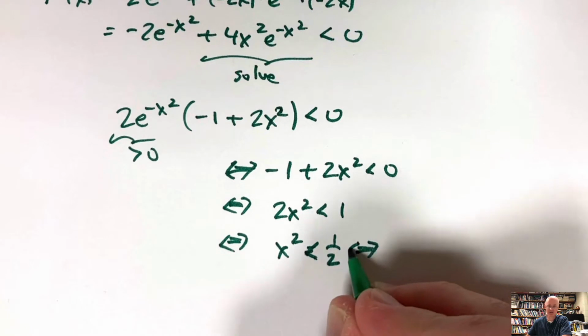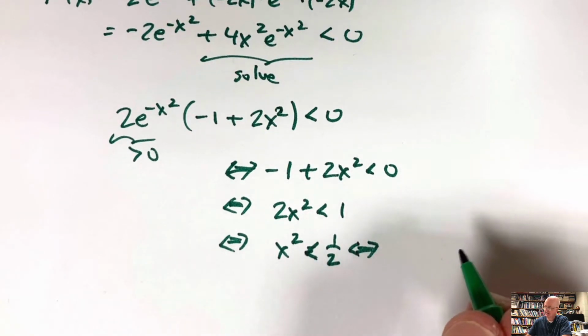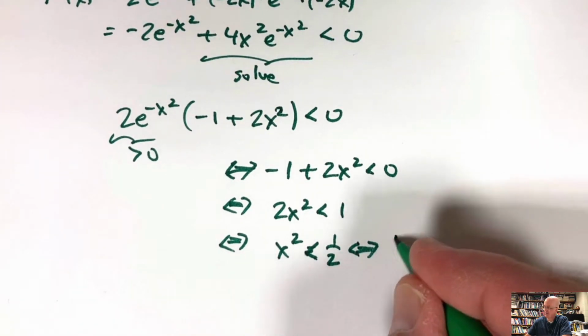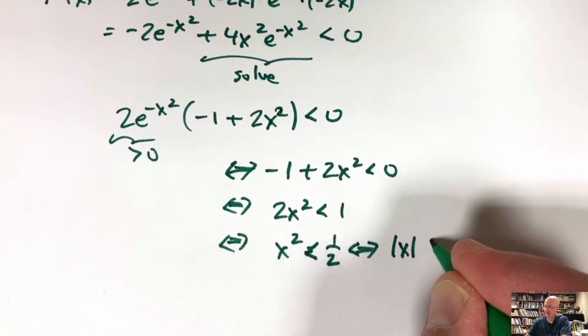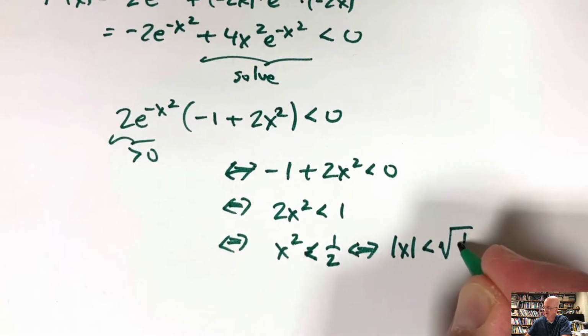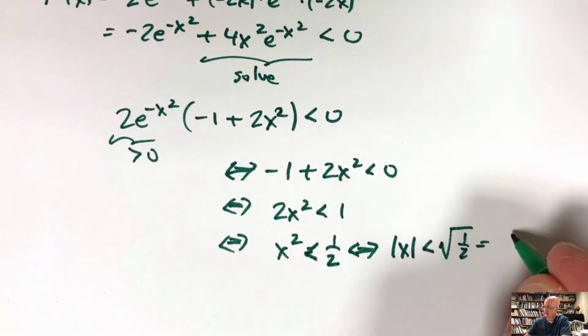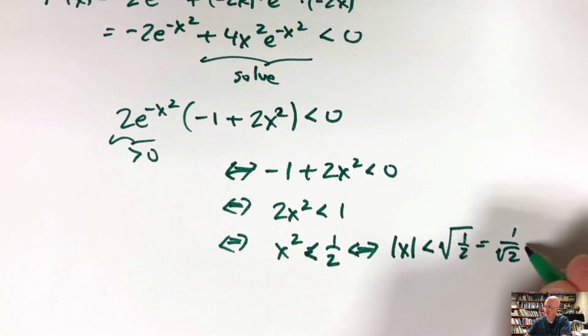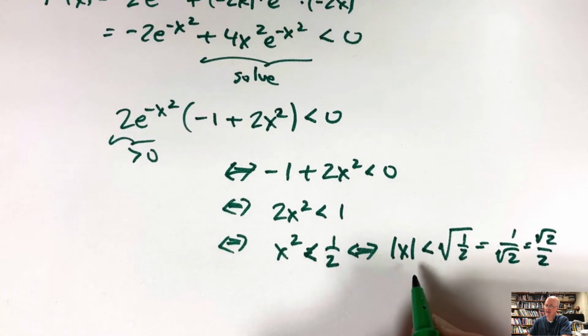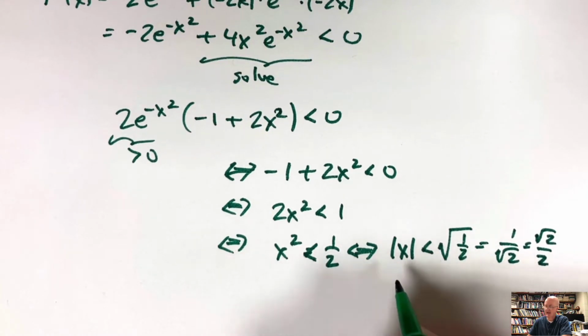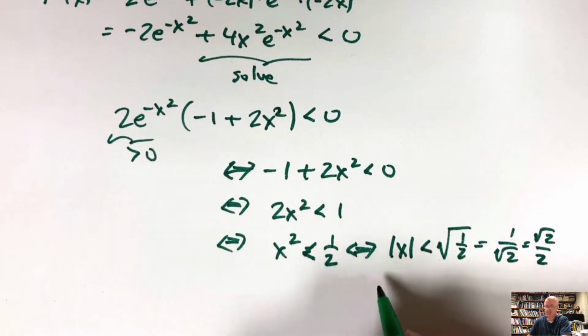And careful, that's equivalent to the absolute value of x being less than the square root of 1/2, which is the same as 1 over square root of 2, which is the same as square root of 2 over 2. You need the absolute value signs there if you're going to be accurate when you take the square root of both sides. x could be positive or negative here.